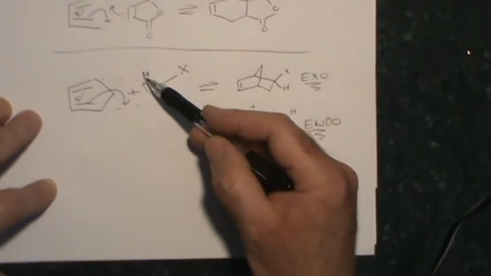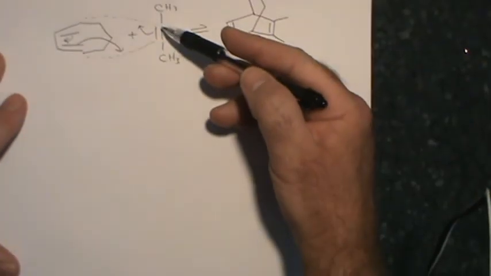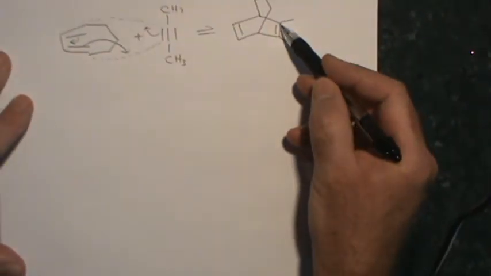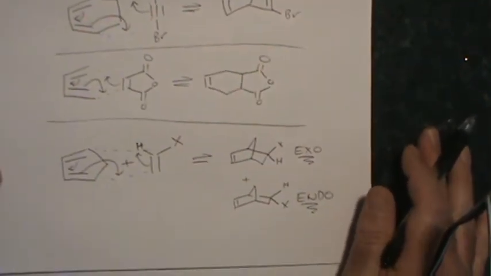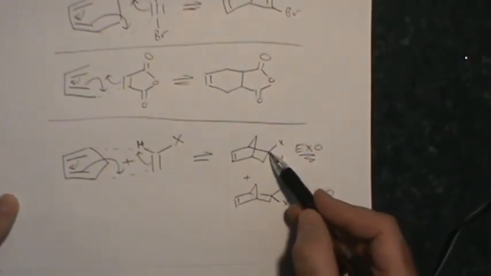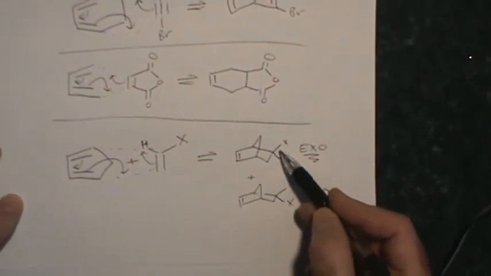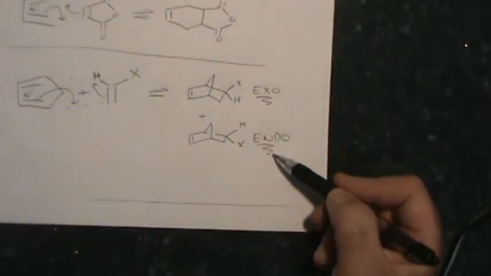You see we've got 2 substituents off of that alkene carbon, but over here, because it's an alkyne, there's only one substituent. The carbon is sp2, and the 3 groups, or the 3 sigma bonds, are trigonal planar. Here, after reaction, the carbon becomes sp3. It has 4 bonds. That X has got to either be up or down. It's got to either be exo or endo. So that's an important distinction.